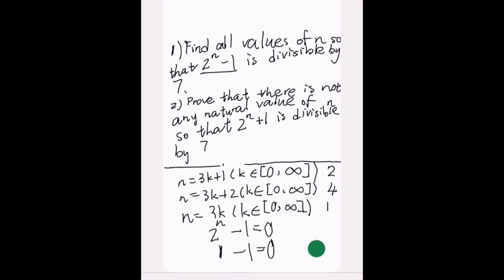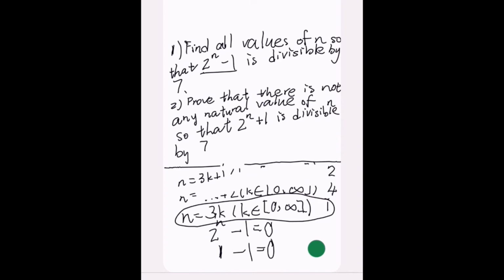What we mean is that only when n is equal to 3k, while k has a range from 0 to infinity, while k is a natural number, only this range of n is okay.